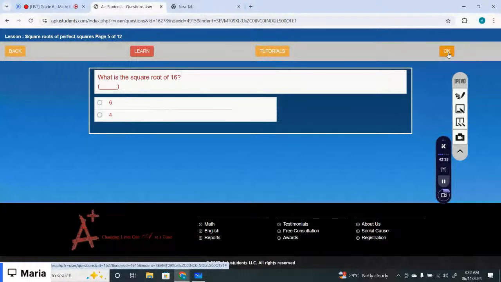That is 4 times 4 is 16. Option number 2 is the correct option. Very good. Square root 16 equals 4.